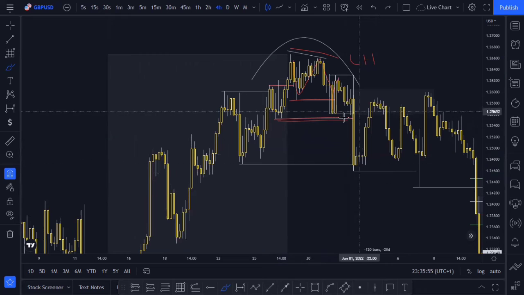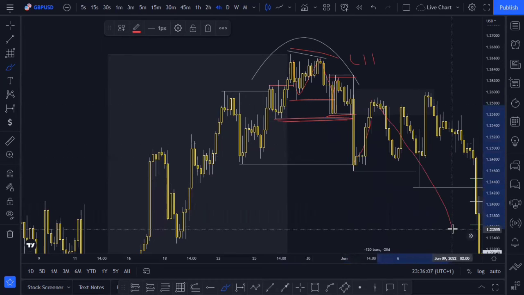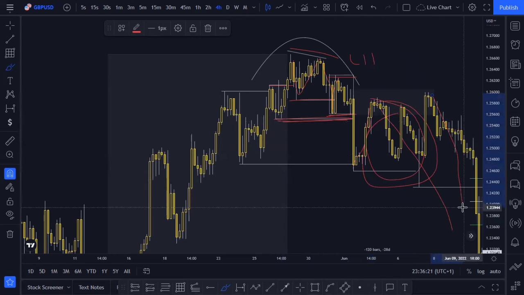So since we had the break of structure down here and here, we will normally want to see price pull back into the last maybe supply range before continuing the bearish structure, which is exactly what price did, but price didn't do it right away, it kind of played some tricks within here before going down.